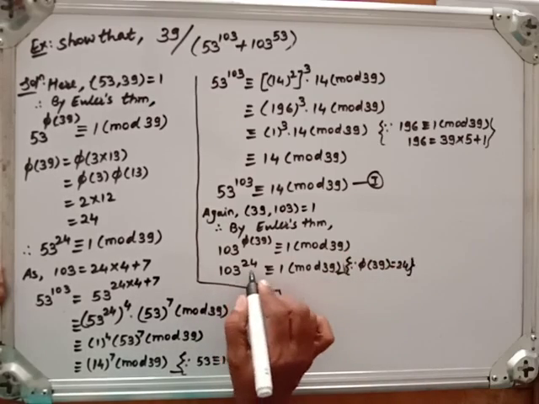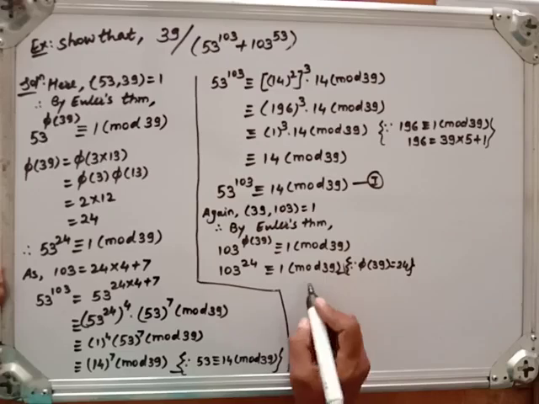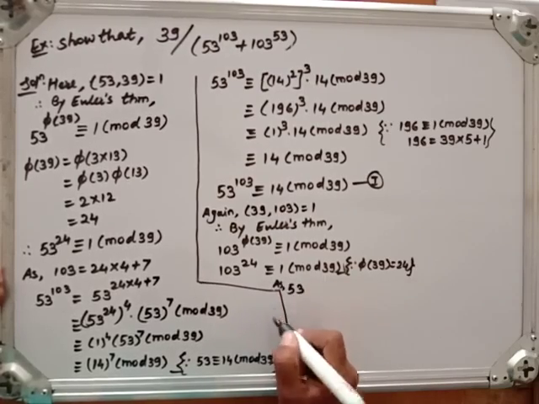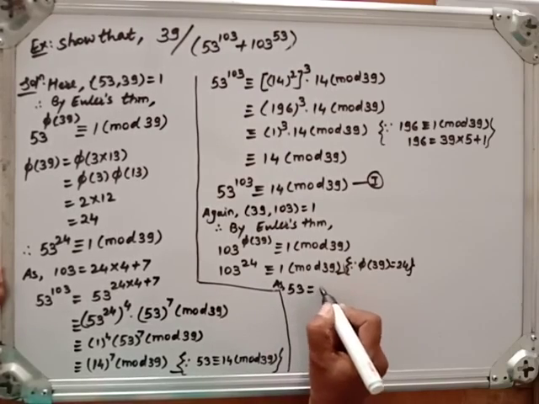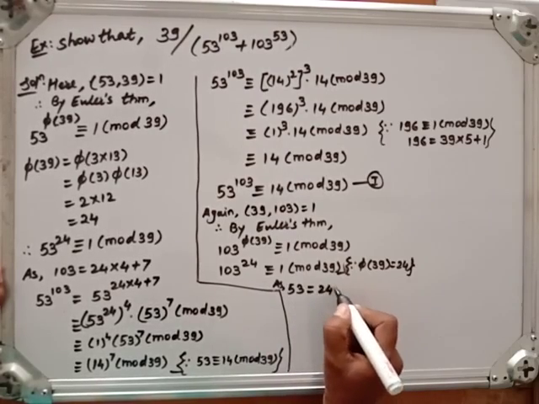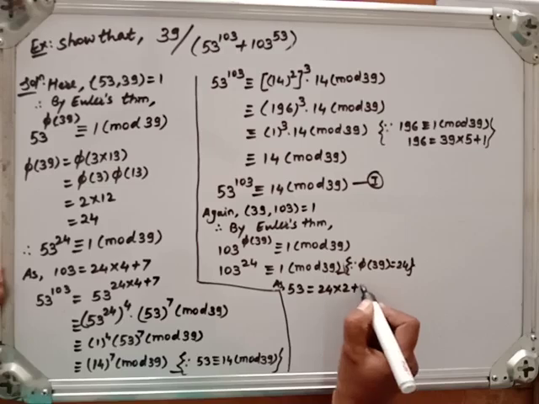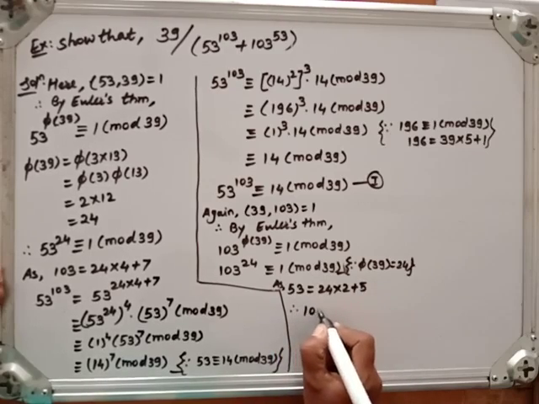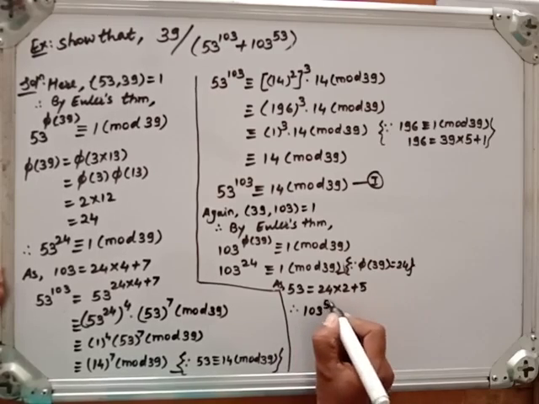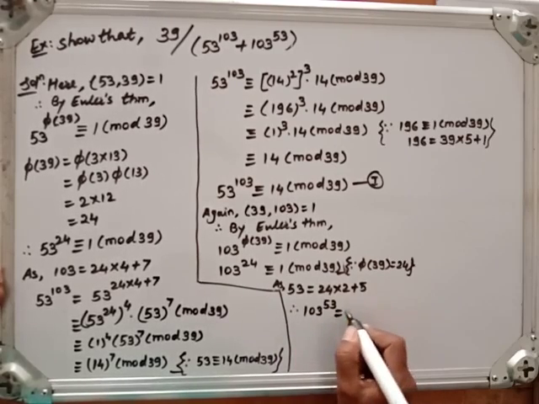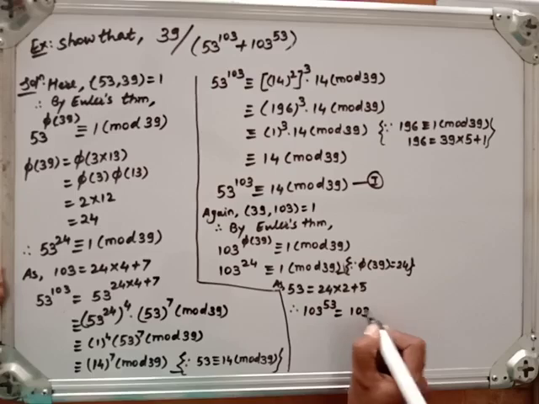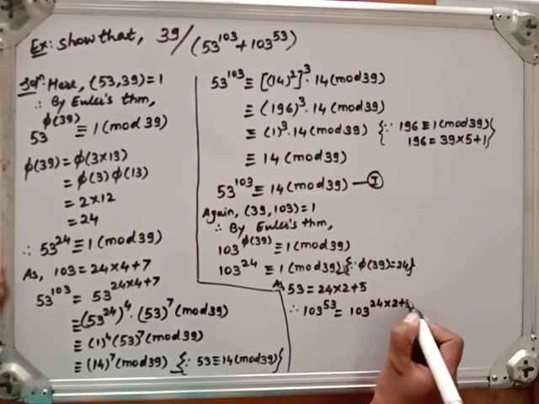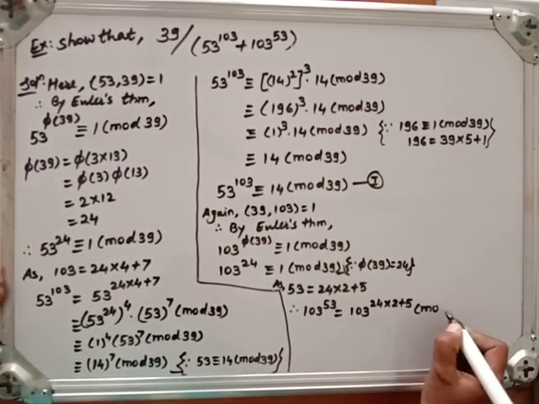Now we need 53. So what is here? As we can say, 53 is equal to 24 times 2 plus 5. Therefore this 103 raised to 53 can be written as 103 raised to 24 times 2 plus 5 modulo 39.